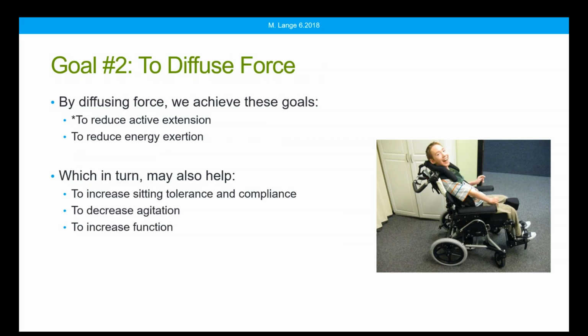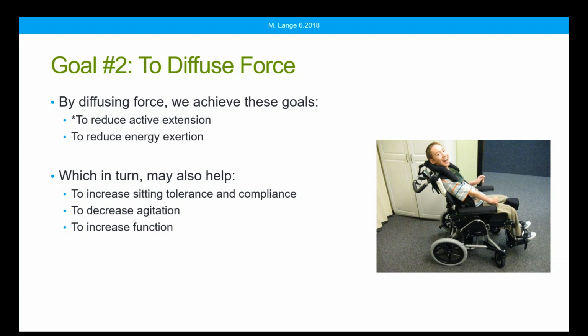Our second goal that we're getting into today is diffusing force. By diffusing that force, by absorbing those huge forces some of our clients can exert, we can reduce active extension and we can reduce energy exertion. Some of our clients look like their main goal in life is to escape their wheelchair.